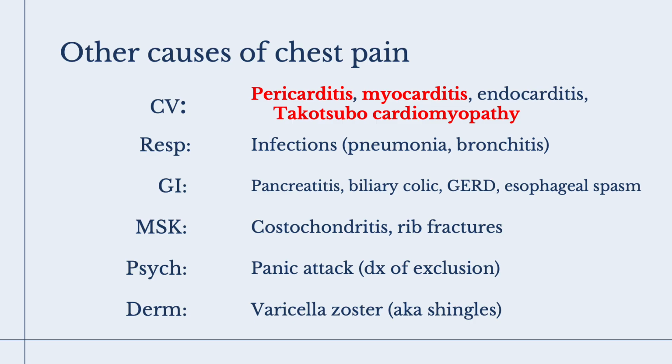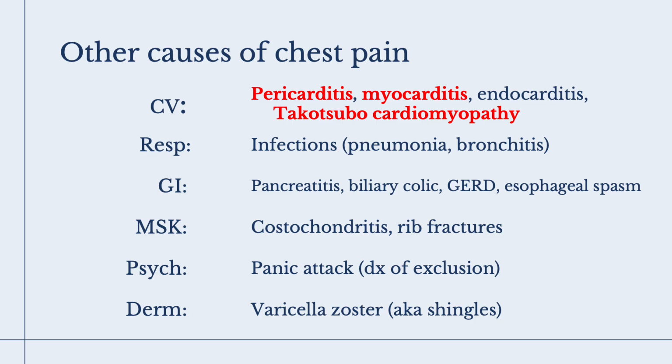Respiratory, so think infection. So patients with pneumonia may have chest pain or bronchitis. GI, so pancreatitis, biliary colic, GERD, super common, esophageal spasm, MSK, rib fractures or costochondritis, psych, so panic attack, anxiety.